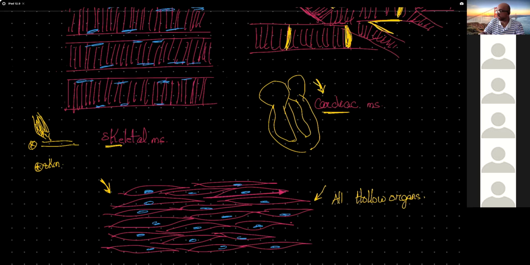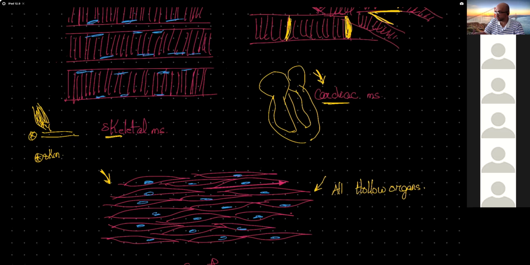So what are the other organs that contain muscles under involuntary control other than the heart? Everything else. The diameter of my blood vessels is going to be determined according to the tone of the smooth muscle in the blood vessel.